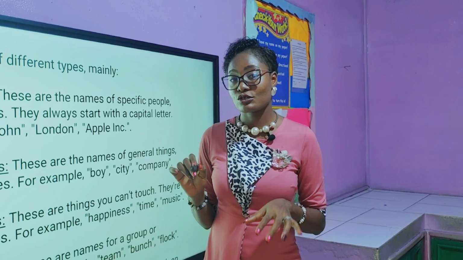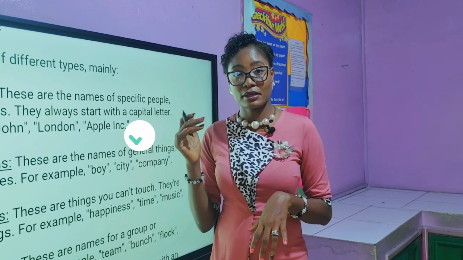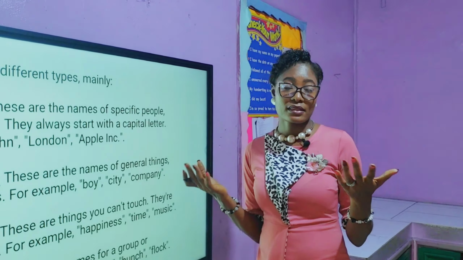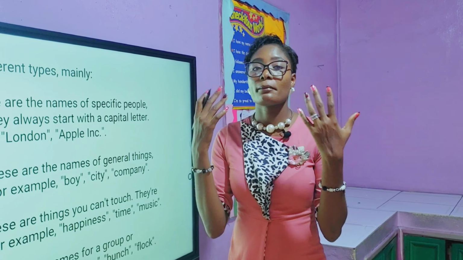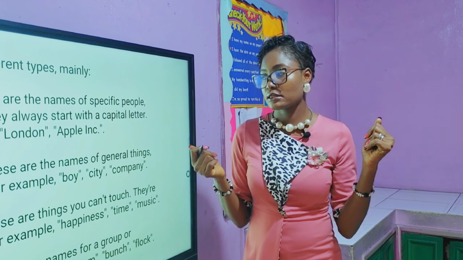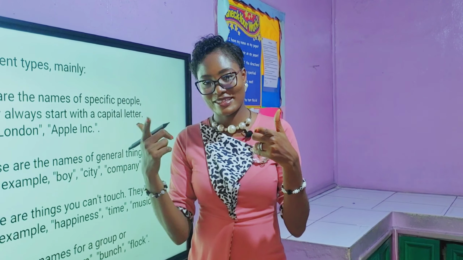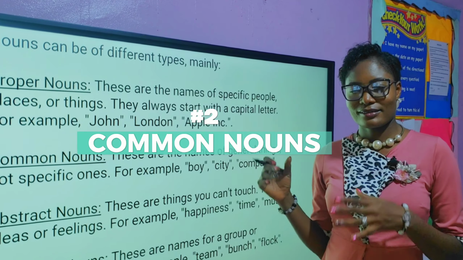So it's wrong for you to write Victoria with a small v. It has to be a capital letter V. So we have other examples. We said they're names of people, Victoria, names of places, London, and so on. So think about yours. After proper nouns, we move to common nouns.